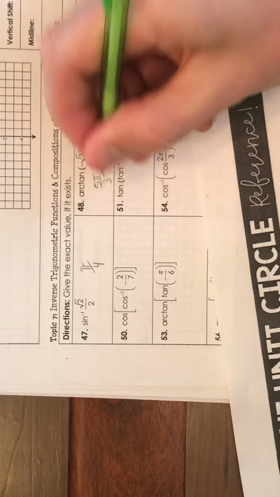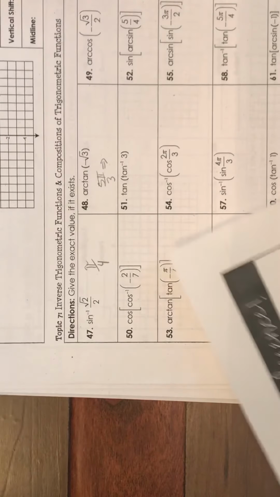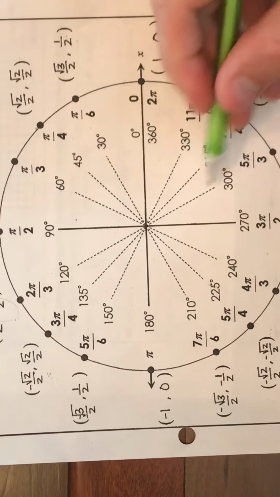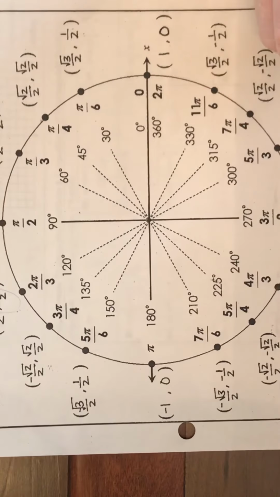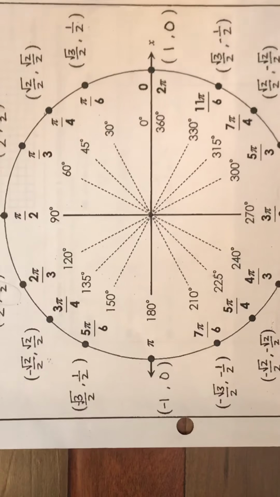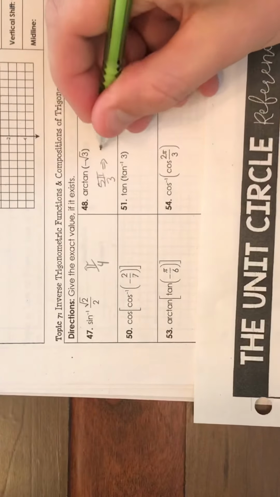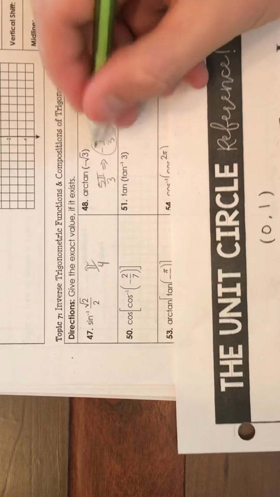What we actually want to make sure we do, though, in this scenario, remember our restriction was from negative pi over 2 to pi over 2. So what that implies is that we want to rewrite any of these angles in the fourth quadrant as just a negative angle. It's really easy to do that. 5 pi over 3 is actually just negative pi over 3. So that would be our final answer there.